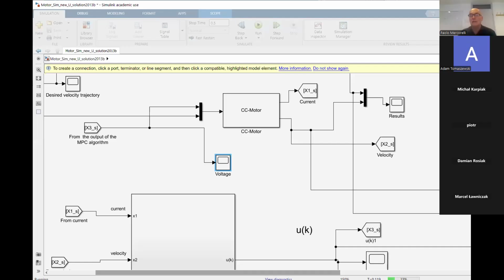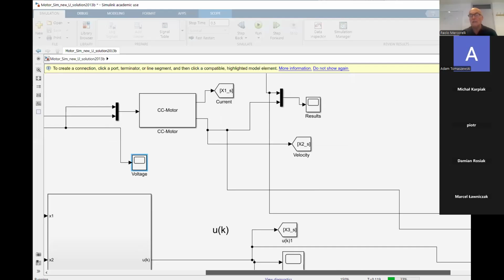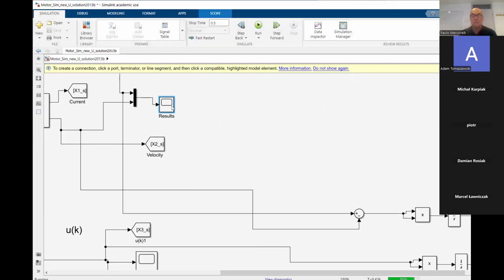Let's put here 10. Now we will see that simulating, the error will be larger and the input will be smaller. And then, of course, the compromise in between is what we typically are looking for. But we are always in the region of, let me say, a saturation.